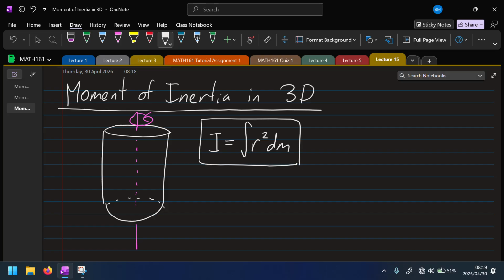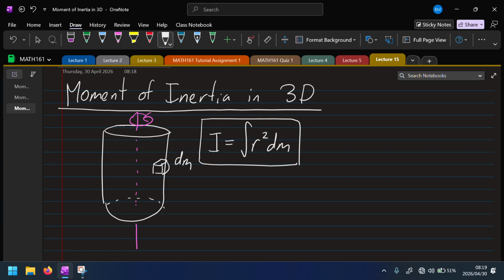Now, this dm is going to be a little bit different, because it's now in 3D. So we have the same idea as before. We pick a little cube dm. So we cut up our shape into a lot of little cubes, dm.